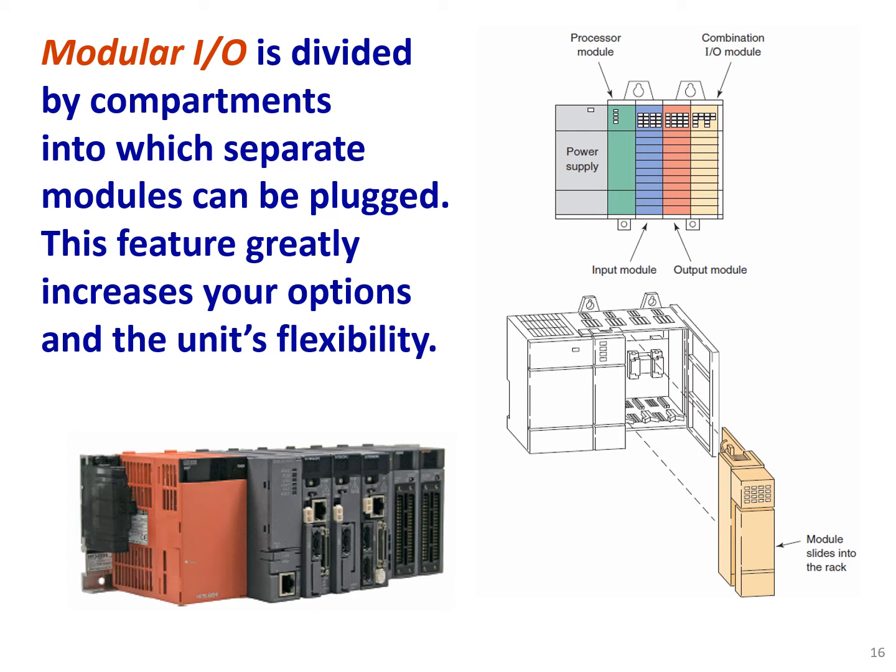Here you see that we have, let's say, a power supply, a processing module, or CPU, and then we have input output modules here. So we could connect different types of input output modules on this rack.